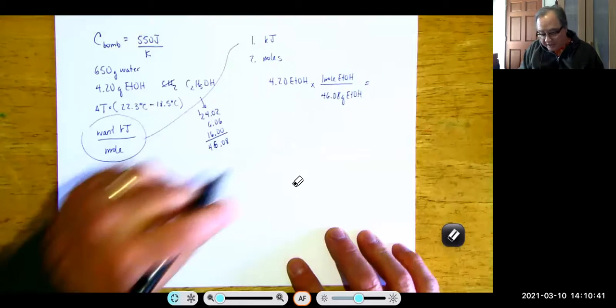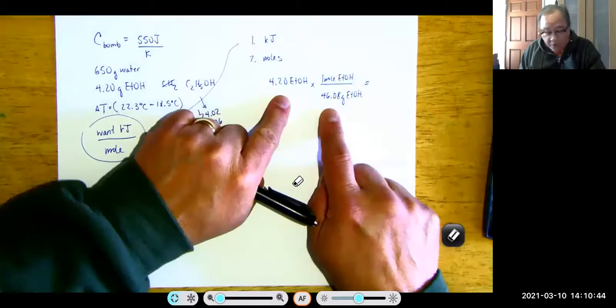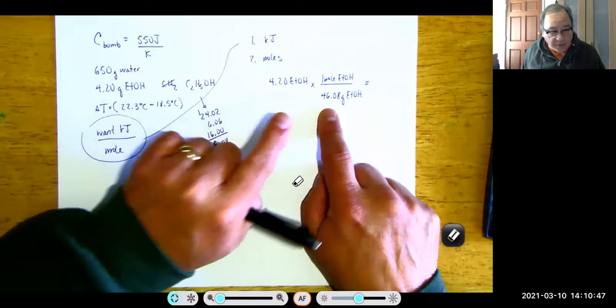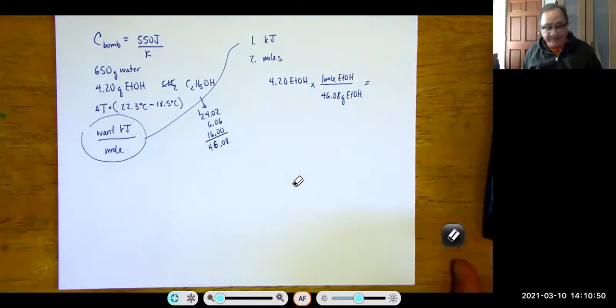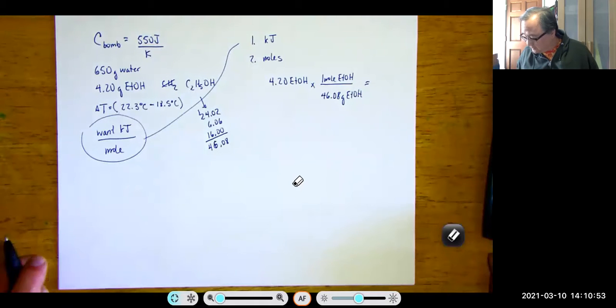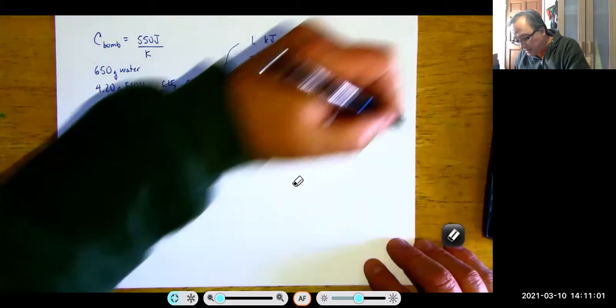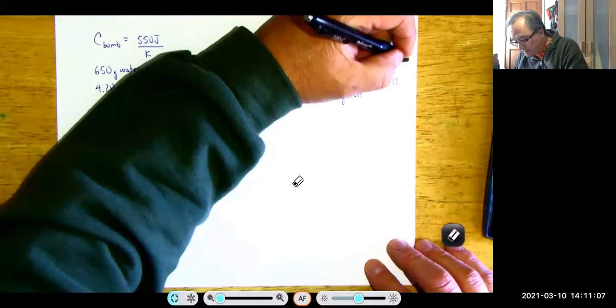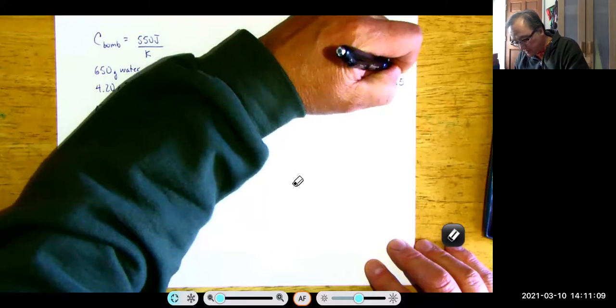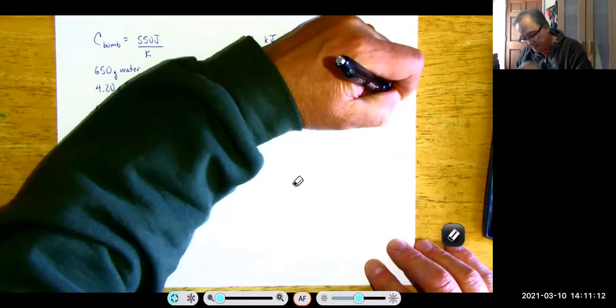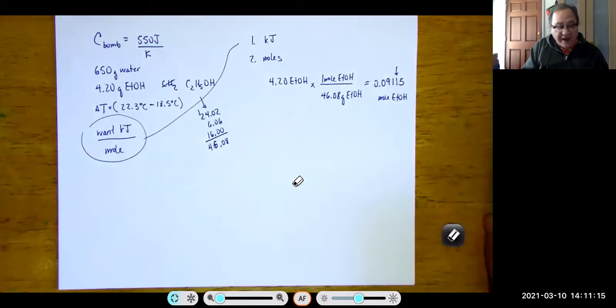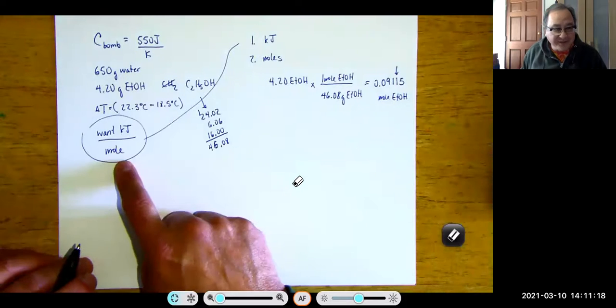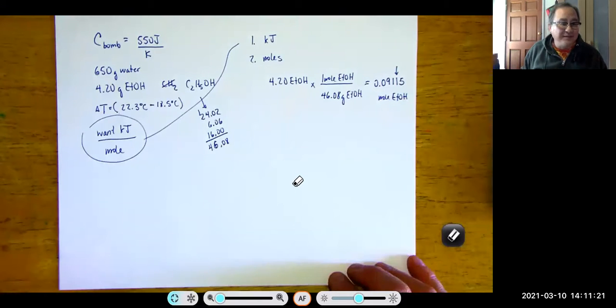So this is clearly going to be close to 0.1 because it's 4 over 4, but a little less than 0.1. So maybe 0.08 or 0.09. We've got half the problem done. We've got the moles. I know it's not the harder half, but we got half of it done.